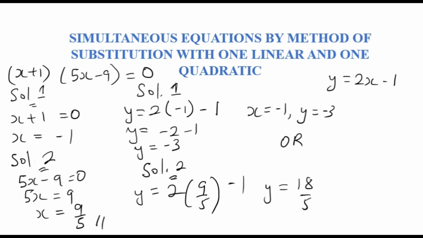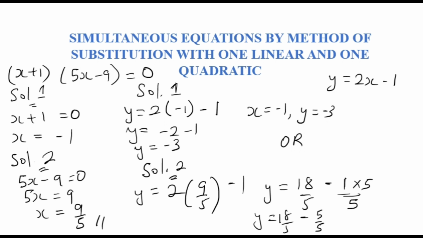So we have y to be 18 over 5 minus 1. So let's try to make the denominator the same. So let's multiply this by 5 and denominator by 5. It's the same thing. This can cancel out, but we are just trying to have every denominator the same. So we have y equals 18 over 5 minus 5 over 5.